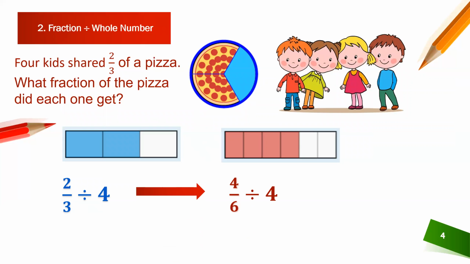Dividing by 4 means to split them into 4 equal parts. Then how much is in each equal part? Meaning 4 groups of what is 4/6? Let's take a look. 1 group, 2 groups, 3, 4. So each one of those groups has 1/6 in it.